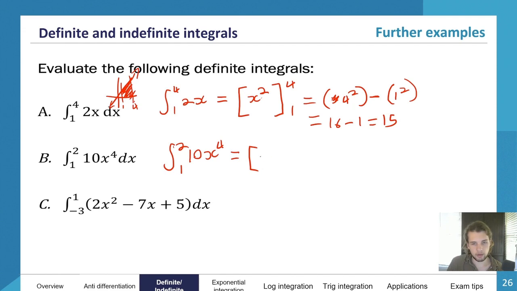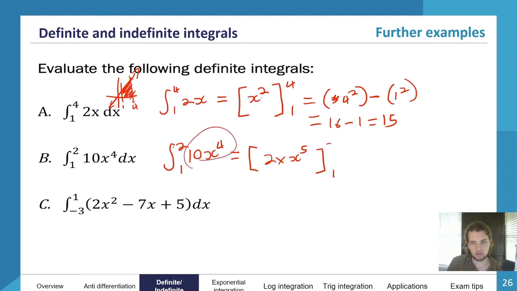So that would be, we'd have some fraction at the front probably, multiplied by x to the power of 5. Now we know it creates 10 at the end, so there would probably be a 2 out the front here. So 2 times 5 equals 10. So if we differentiated this, it would equal this here.